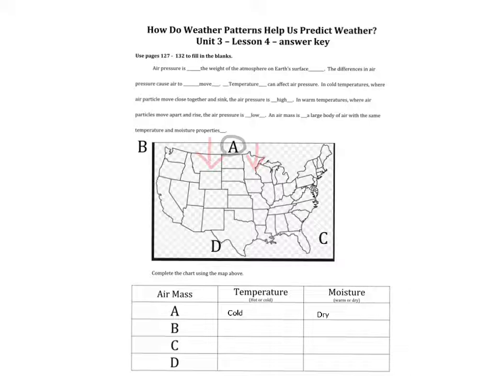Now, using that knowledge, if I were to look over here at air mass B, and we picture where these are coming from, I'm trying to draw it here. It's coming this direction. I want you to take a minute. If it's coming off the coast of, say, California and Washington, is that going to be wet or dry?